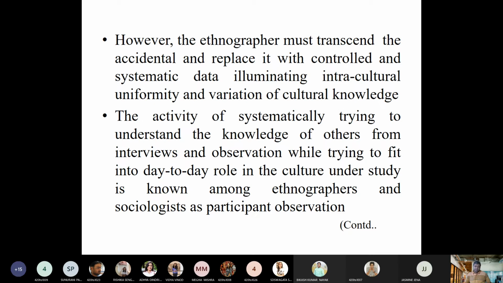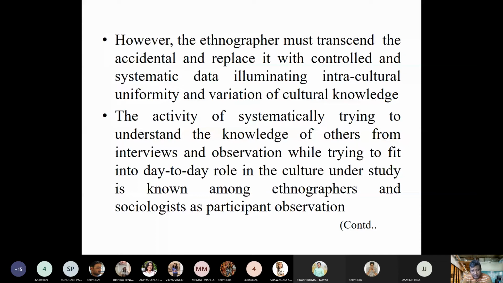However, the ethnographer must transform the accidental and replace it with controlled and systematic data, illuminating the intercultural uniformity and variation of cultural knowledge. Because whenever the ethnographer meets people in an accidental way, he collects different information with a lot of variation from different aspects.